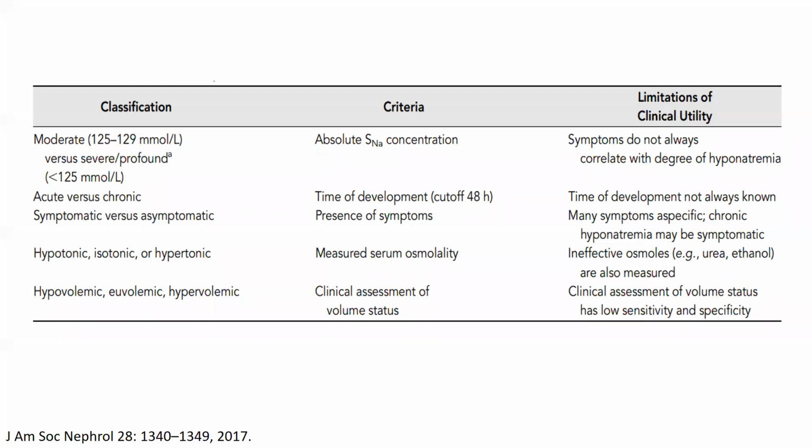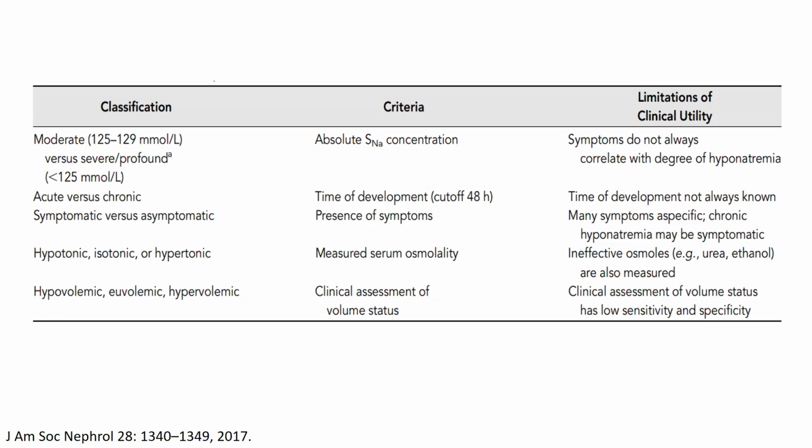The last thing we can use to classify is the physical exam: hypovolemic, euvolemic, and hypervolemic. And that's the less reliable one. I remember 20 years ago, most of the books said the volume assessment is the first thing to go over in a hyponatremia patient.